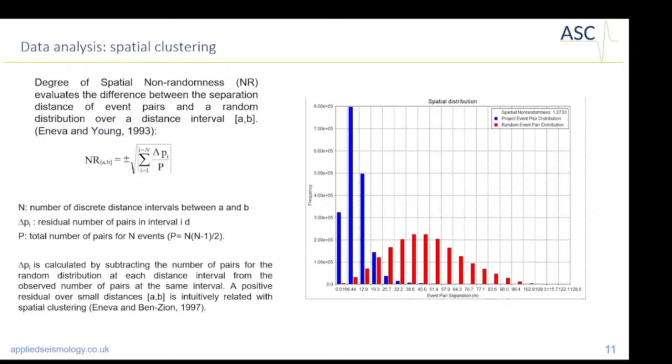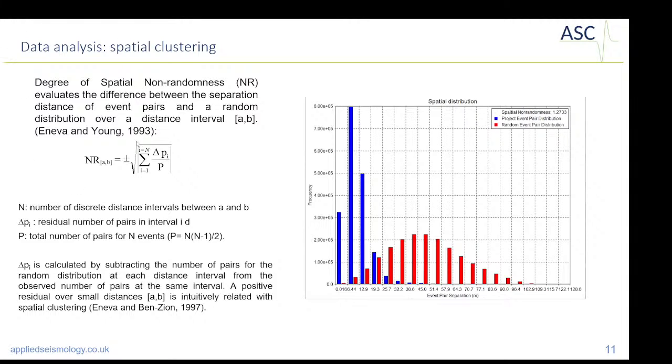Is there any pattern that can be identified in it? Is there any relationship between our events? Do they cluster especially? It's a very simple analysis, but it gives us an idea of whether there is some degree of relationship between our events, which is basically the objective of any of these induced seismicity operations.